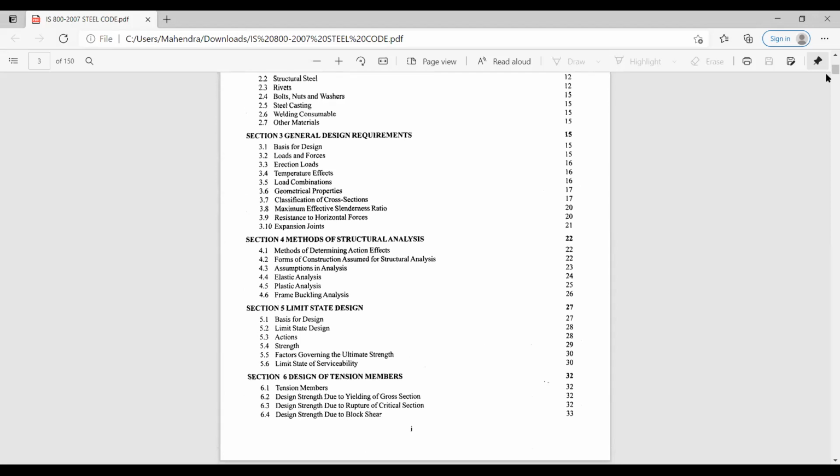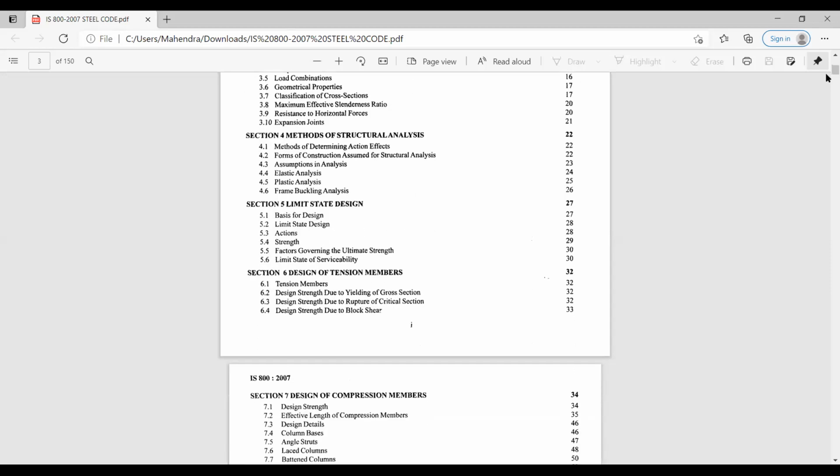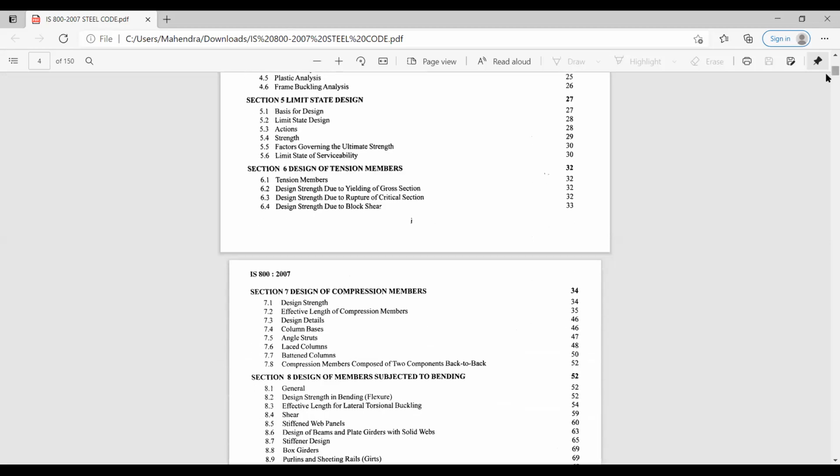Then the general design requirements. From these general design requirements, you have to take the values when we are going to design the sums. Then the method of structural analysis, limit state design. What is exactly limit state design and what are the factors governing the ultimate strength, that all is there in this chapter number 5.